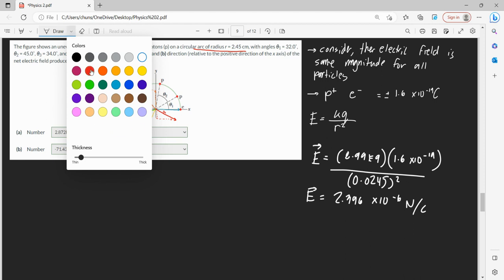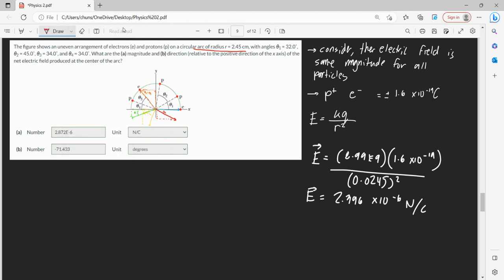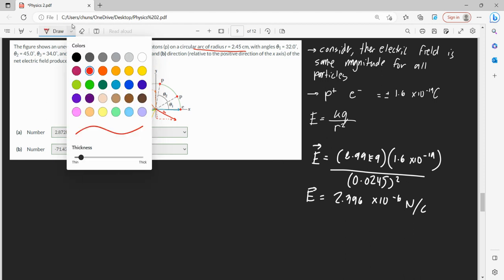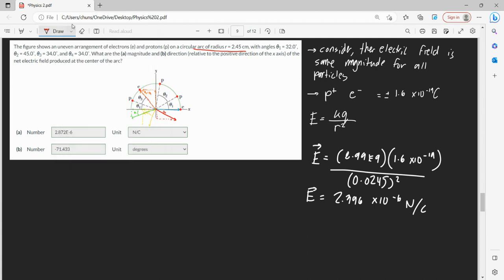So we have to write out each of the x and y components for this question. Let's start with our red one. E1x is in the positive x direction, so that's going to be E cos of theta 4.